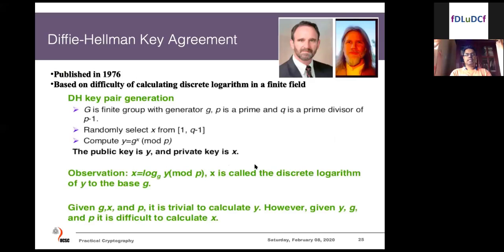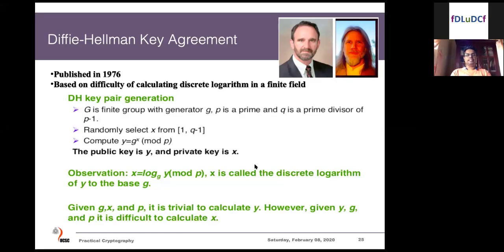Based on this logarithm problem, two persons, Diffie and Hellman, created the first public key cryptography system in the world, called the Diffie-Hellman or DH public key cryptographic algorithm. The paper explaining it was published in 1976.